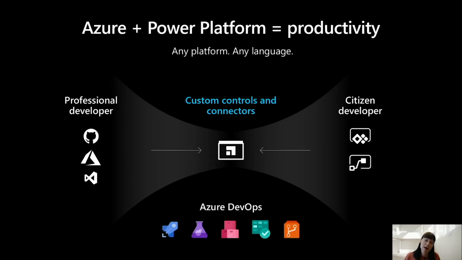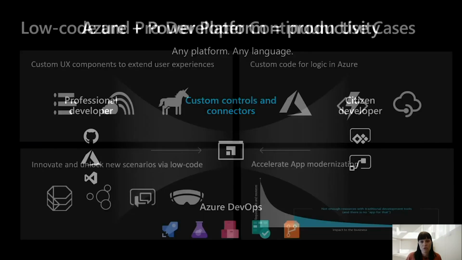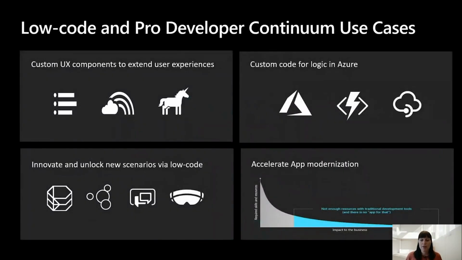The same with connectors. I might have a legacy system where we don't provide out of the box connectors, where you can ask for help as a citizen developer from the pro developer to extend into that scenario. So that's really going to be the focus. That is really covering the two top buckets here. So we'll go much deeper into there.